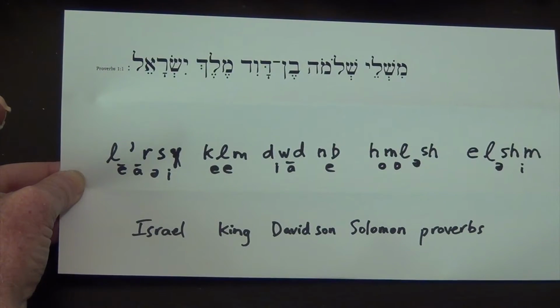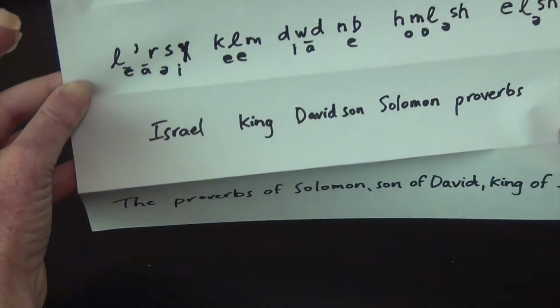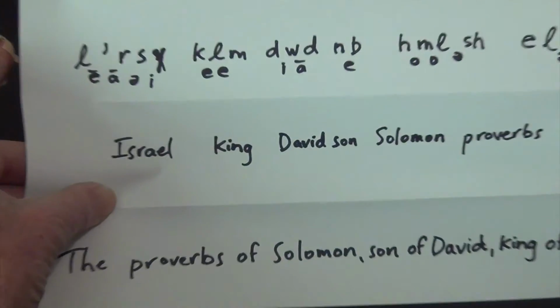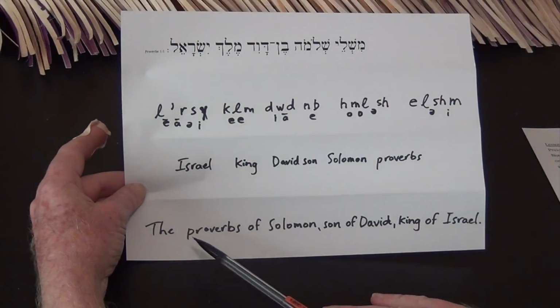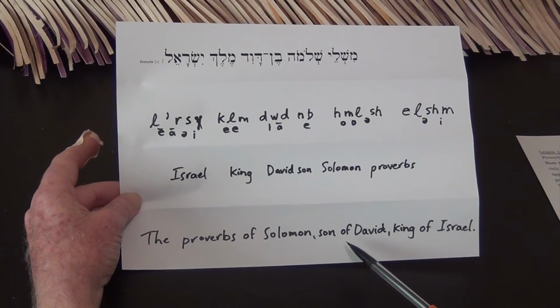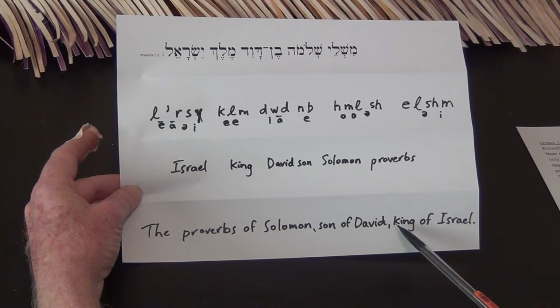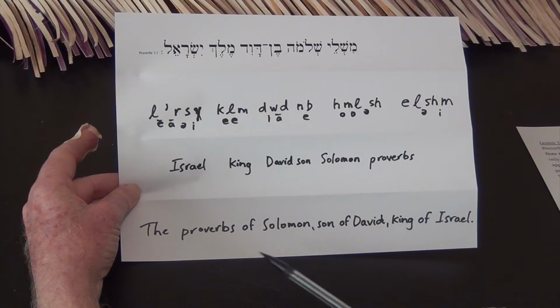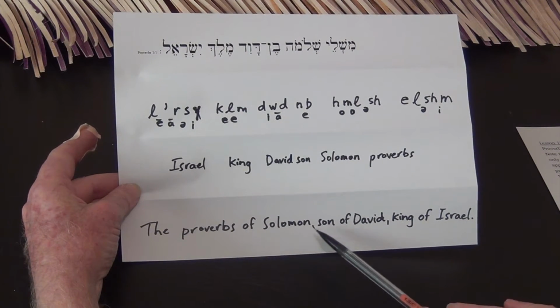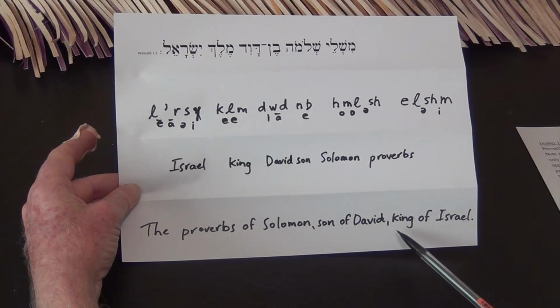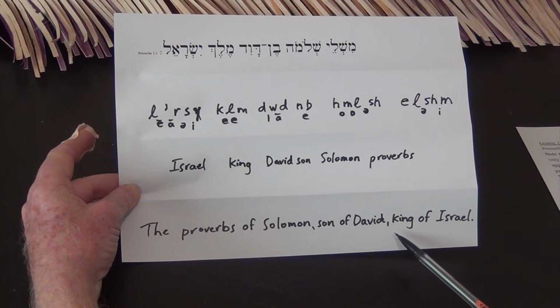So we'll have to say, these are, and we'll have to add a few thes, probably. The Proverbs of Solomon, the son of David, the king of Israel. I've just written it quite short here, but I could have said, these are the Proverbs of Solomon, the son of David, the king of Israel. We might have said it like that.